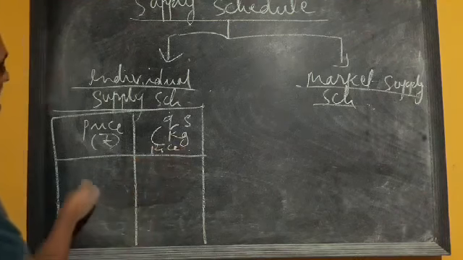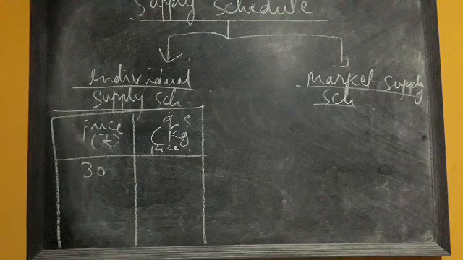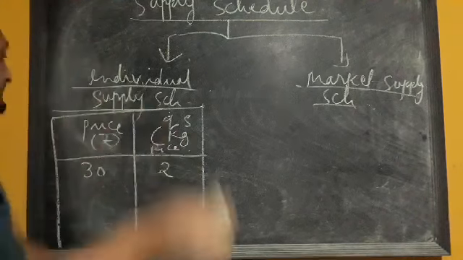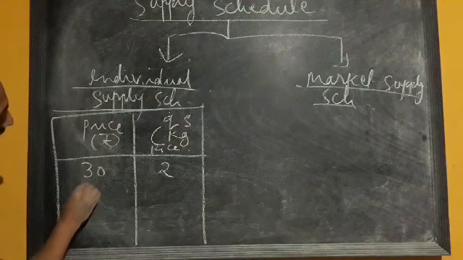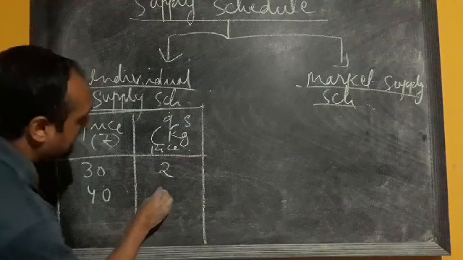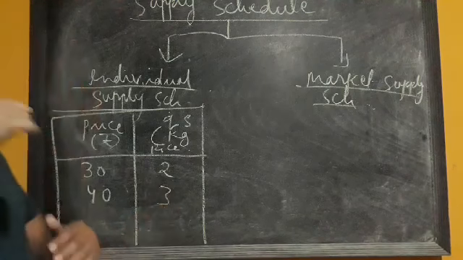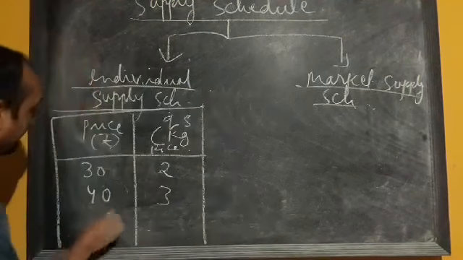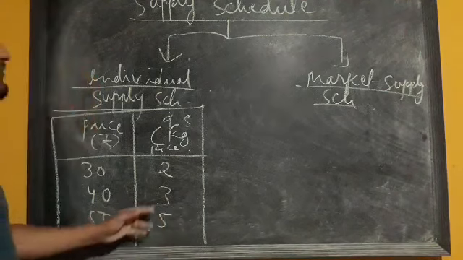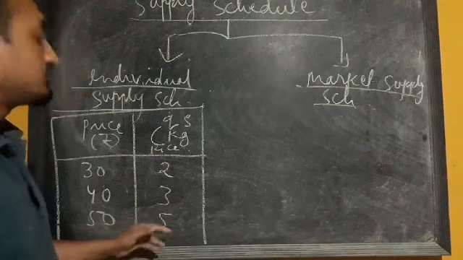When the price of rice is 30 rupees per kg, the quantity supplied is 2 kg. When price increases from 30 to 40, the quantity supplied may increase from 2 kg to 3 kg. Similarly, if price increases from 40 to 50 rupees per kg, the quantity supplied may increase from 3 kg to 5 kg.